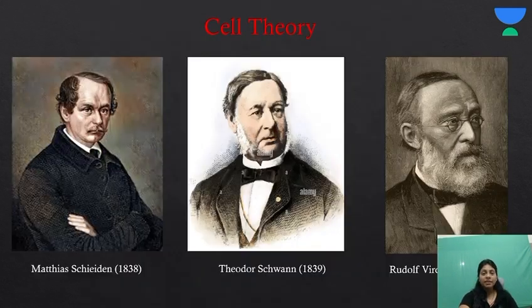Now coming to the cell theory. There were three renowned scientists who worked and gave us the cell theory: Matthias Schleiden, Theodor Schwann, and Rudolf Virchow. Matthias Schleiden, in the year 1838, was a German botanist, one who studies plant morphology and physiology.